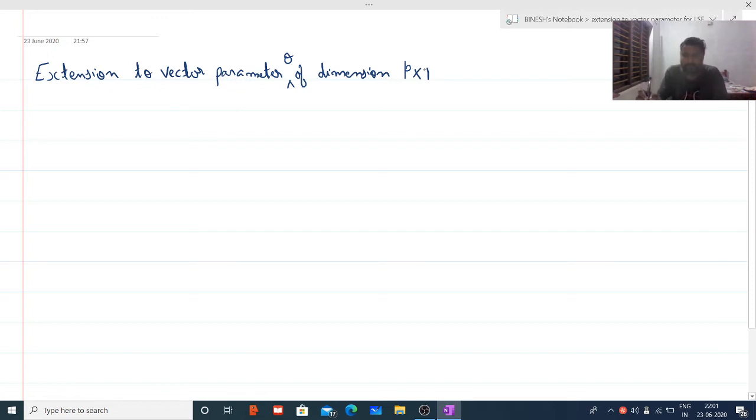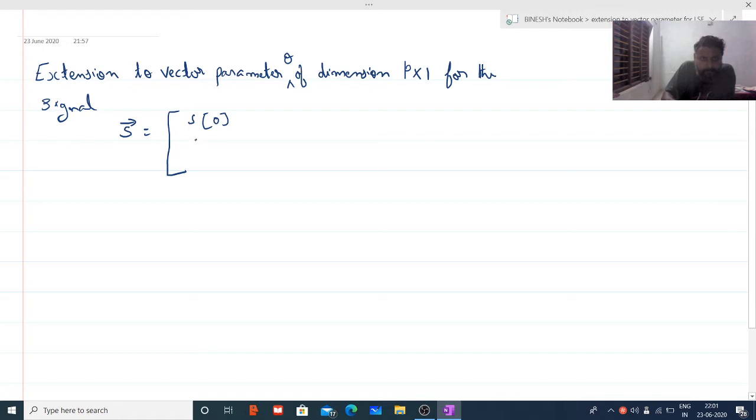For the signal, S is nothing but S of 0, S of 1, and so on up to S of N minus 1.